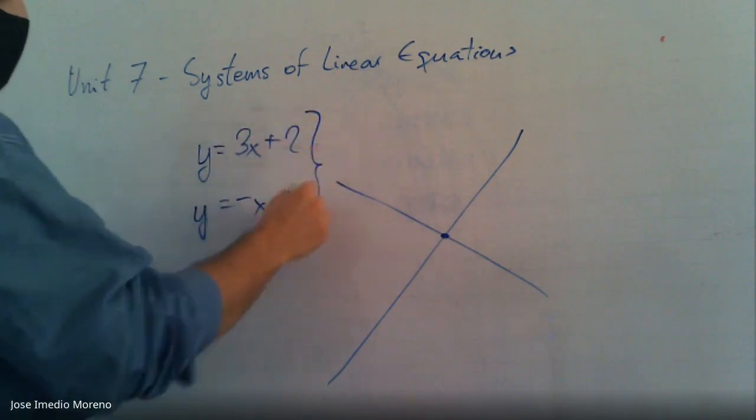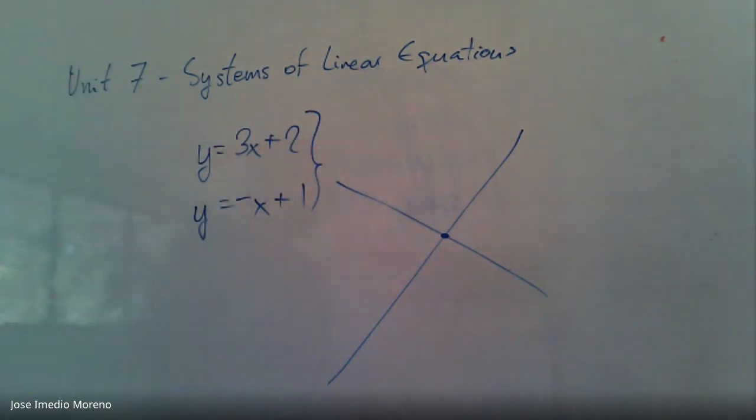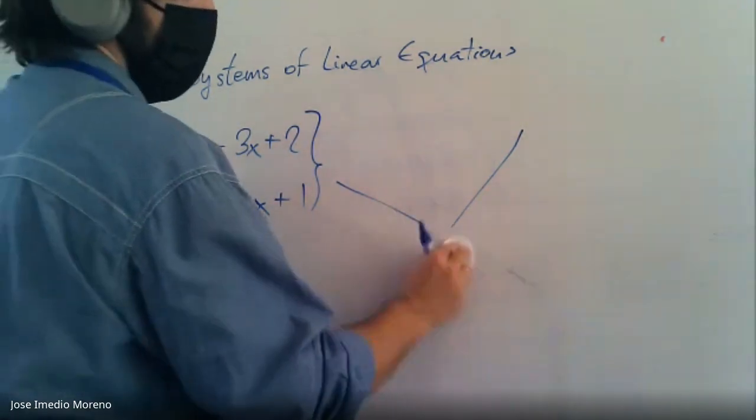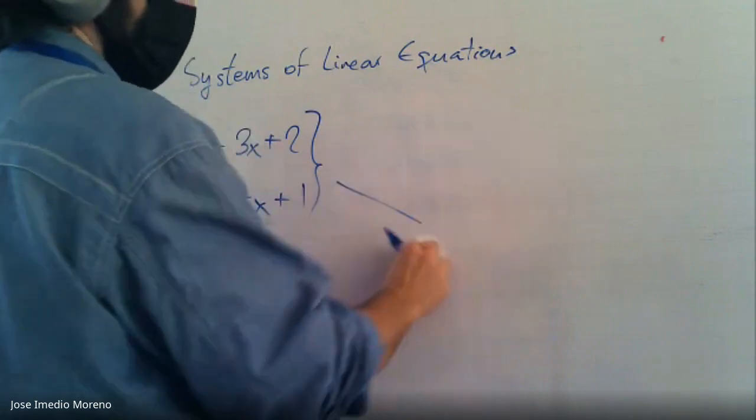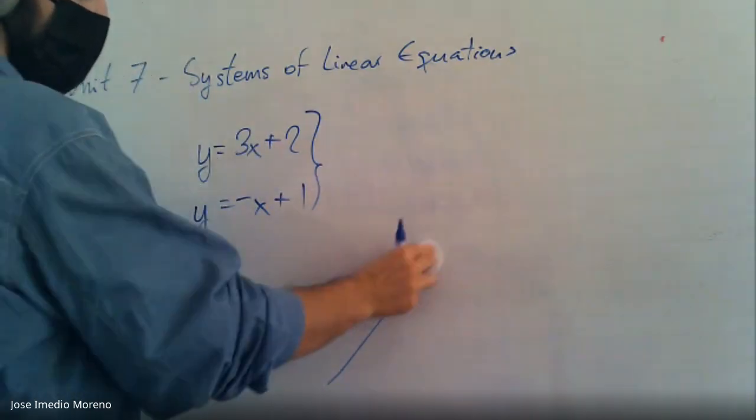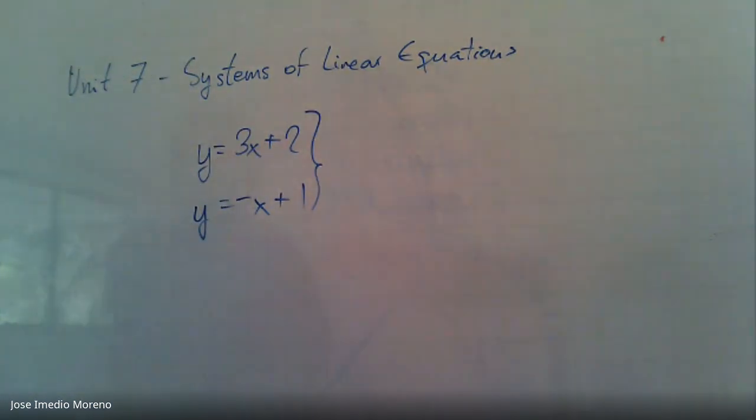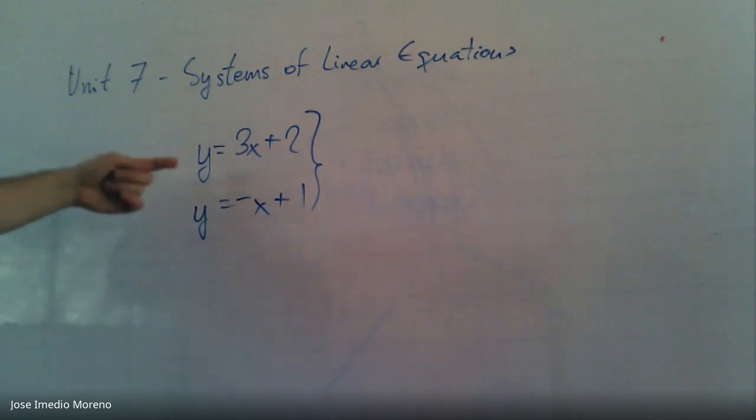A system of linear equations is composed of two equations. There are different options, but here in 7th grade we are learning systems of two equations in two variables.